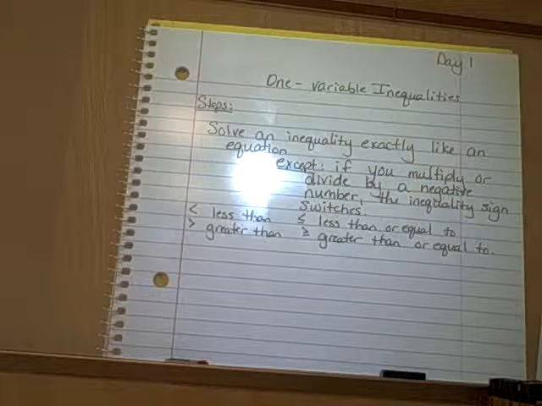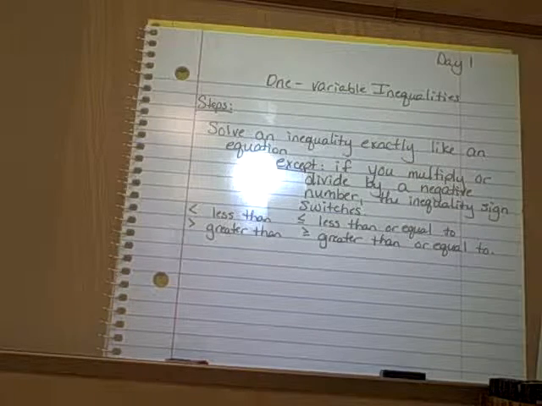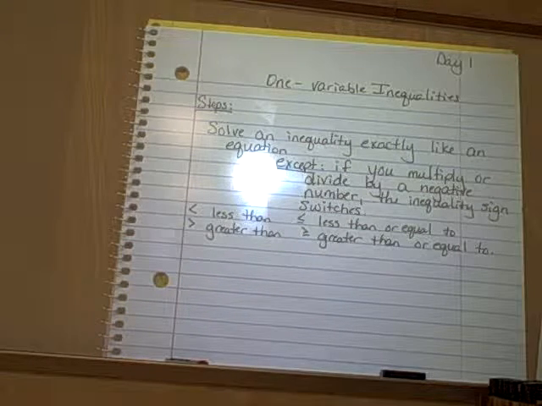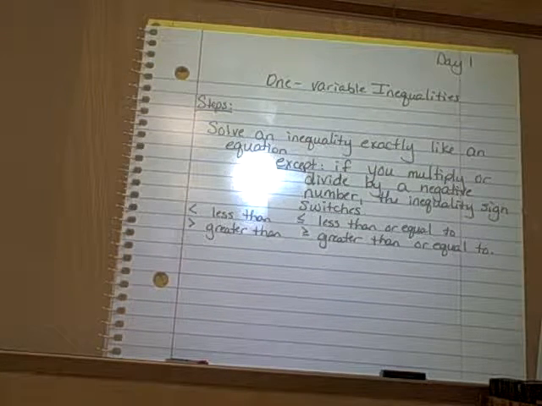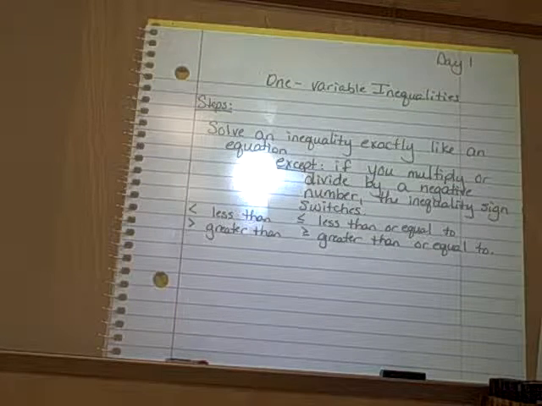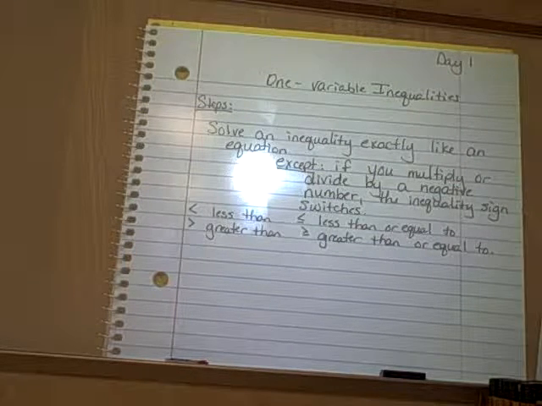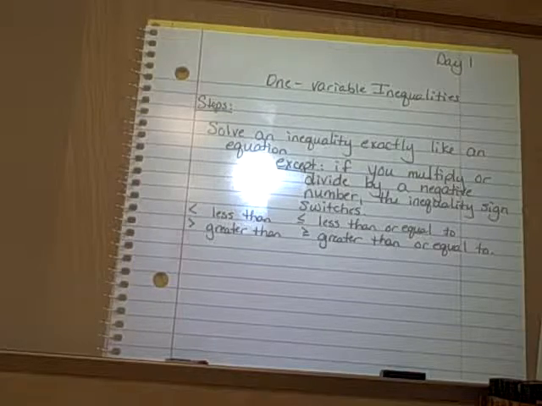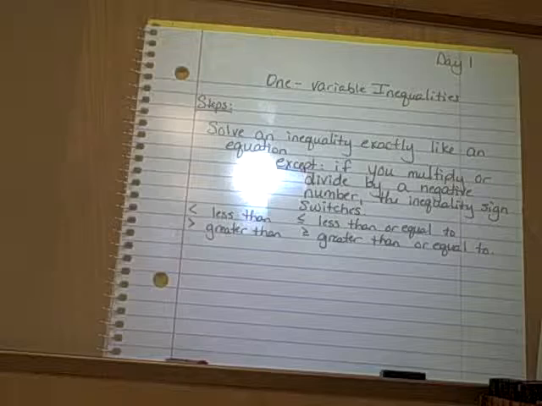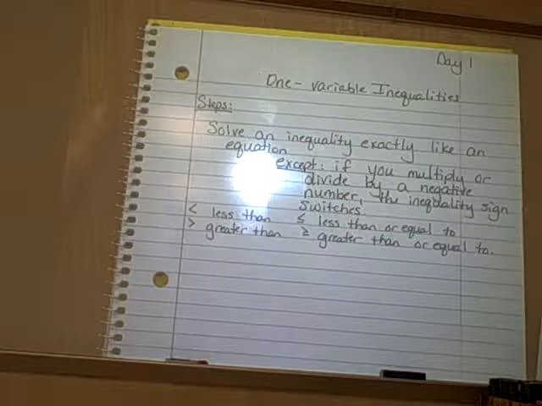Okay, so that's your four. So instead of an equal sign, these will have one of these symbols. And you'll catch me, I'm really bad about calling them equations or saying the equal sign when it's really not an equation, it's an inequality. And it's really not an equal sign, it's an inequality symbol. But I'll write those down. We've already written them in a previous unit, but we'll write them down again just so that you can get used to it.